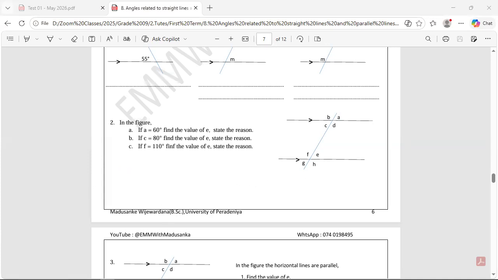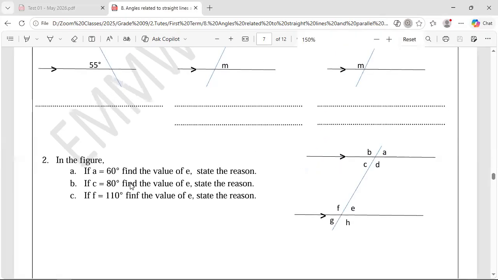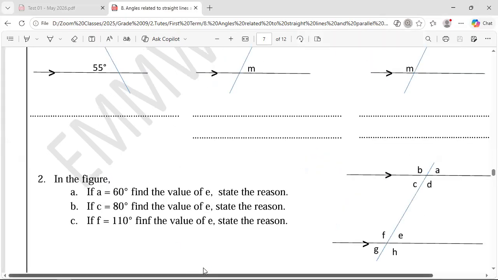I hope you have done. Rushenka has provided me the reasons as well. Nice. Right, okay. So I'll explain. Shall I zoom this in so you can see better?